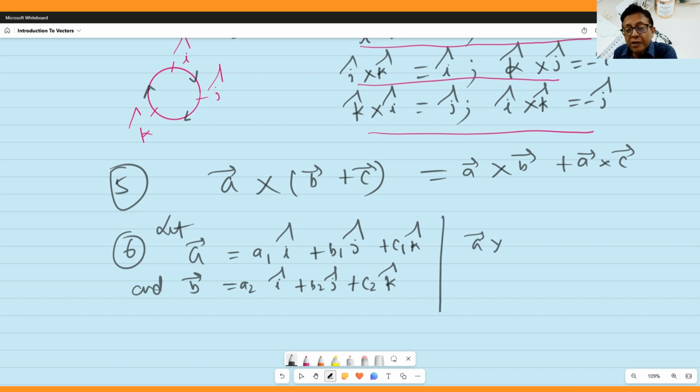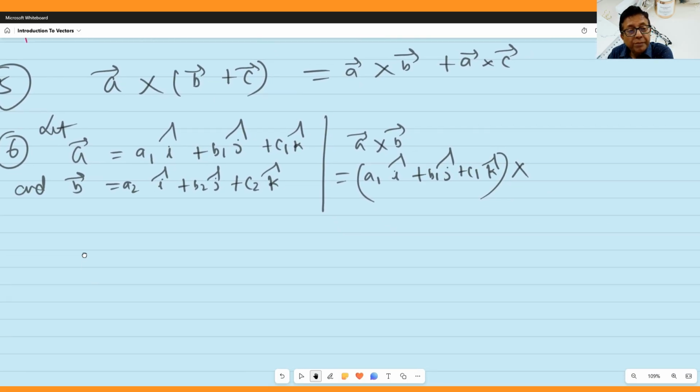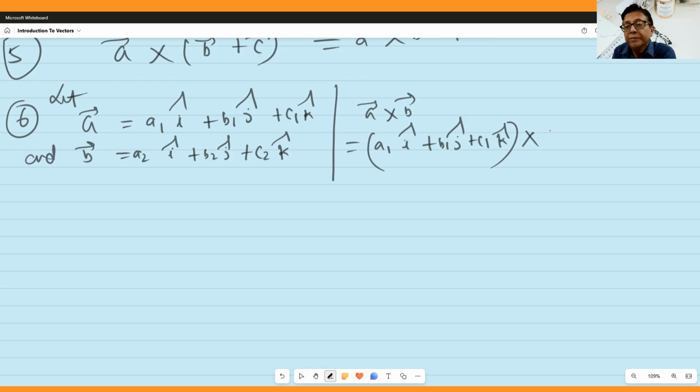That A cross B, how to write? You write (A1 I cap plus B1 J cap plus C1 K cap) cross (A2 I cap plus B2 J cap plus C2 K cap). Okay? Now go step by step.